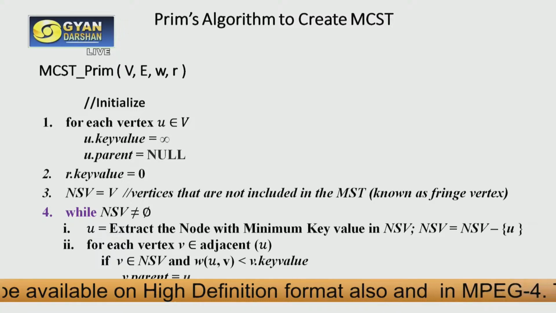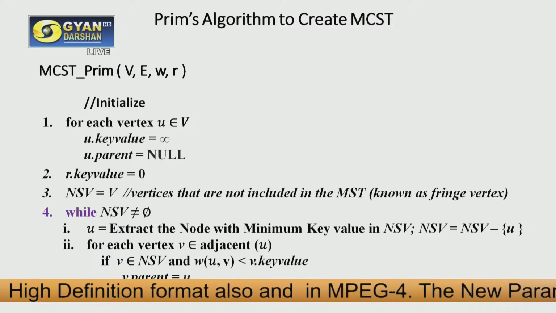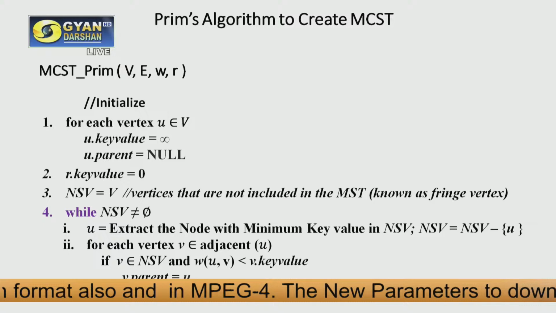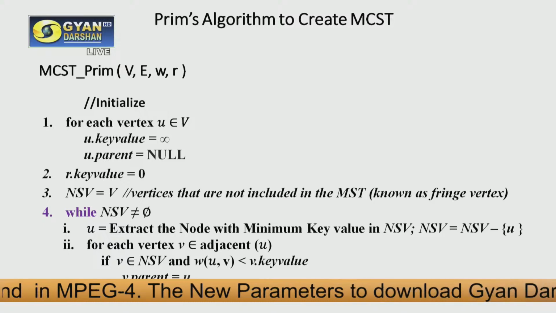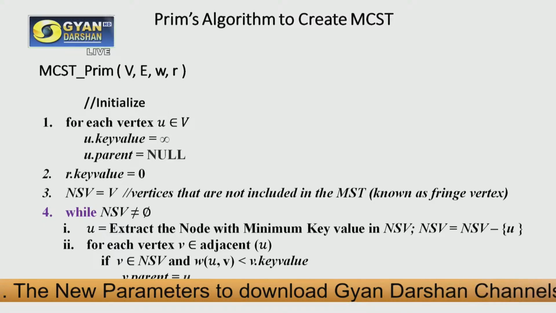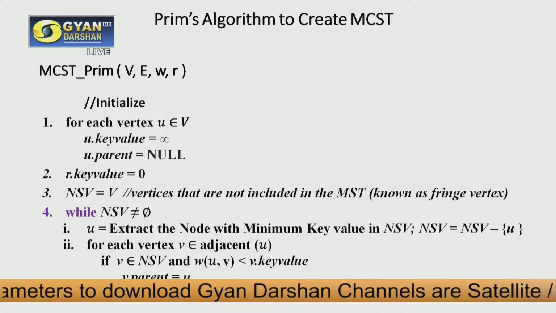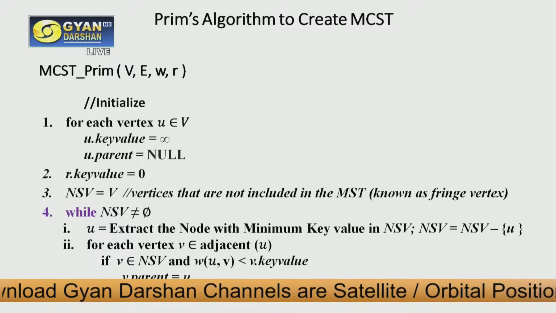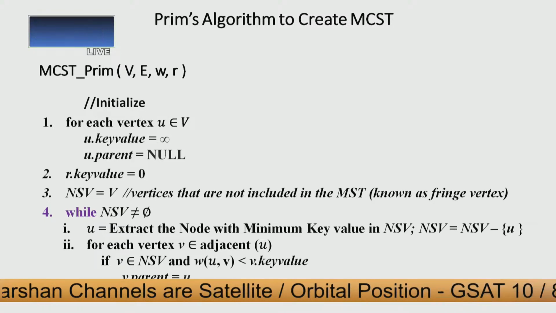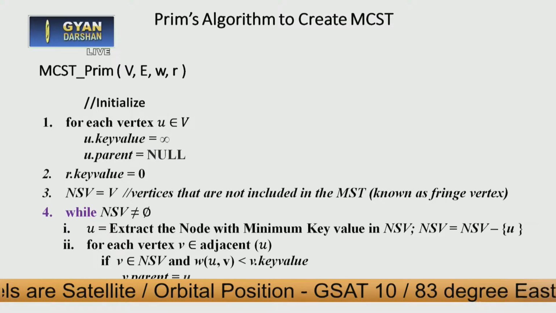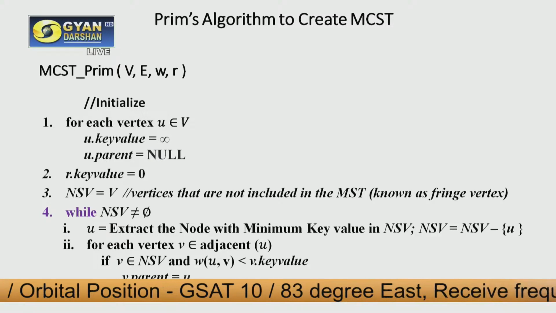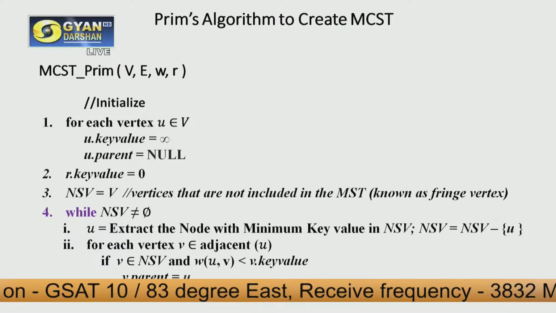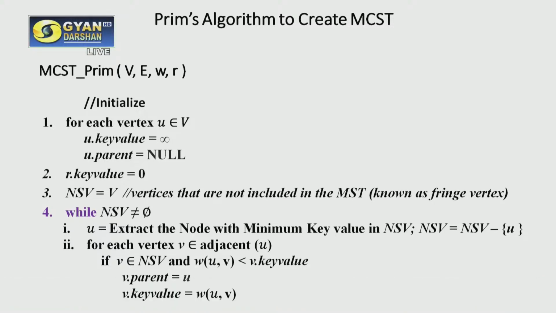So in Prim's algorithm, the first step is initialization. In fact, the first 3 steps are initialization steps. That is step number 1, for each vertex U which belongs to the set of vertices V, the key value of the vertex is initialized to infinity, and its parent is initialized to null, assuming that it does not have any parent.